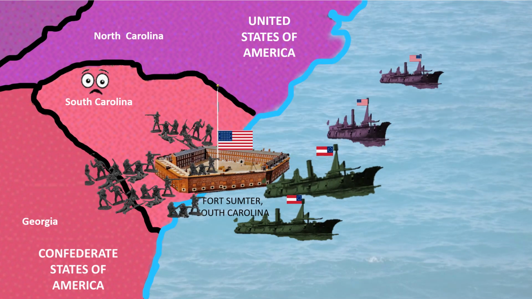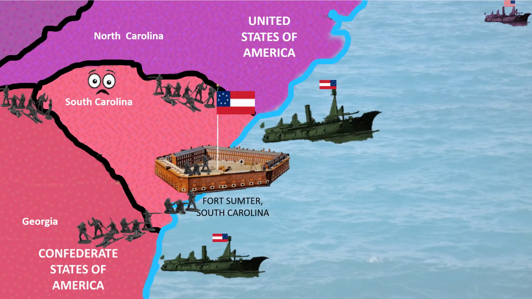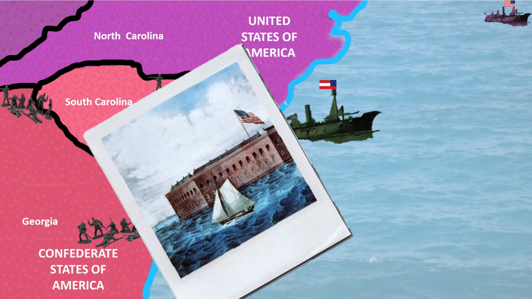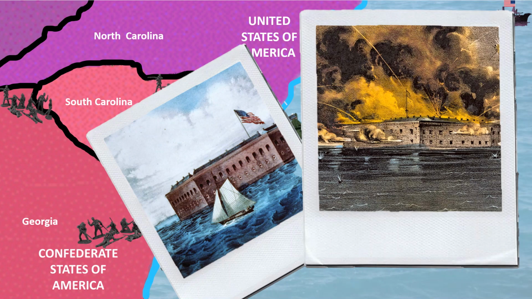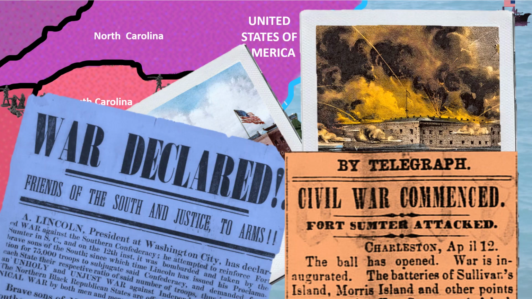The South saw this as a clear provocation from President Lincoln. A brief confrontation followed, and although no one died, the Union forces were compelled to abandon the fort and handed it over to the Confederates. The shots fired at Fort Sumter marked the start of the Civil War.